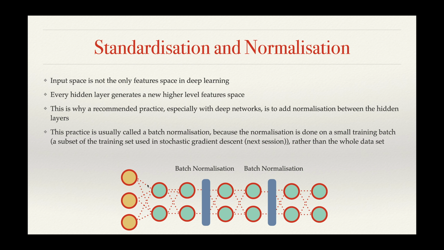The lowest order features are the ones from the input, and the deeper we go, the higher order features we have. So the idea of batch normalization is not only to normalize the input space, but also to normalize the output of the activation functions.